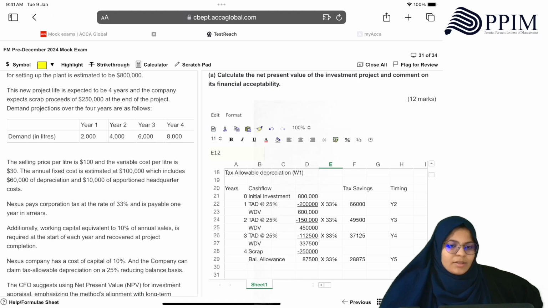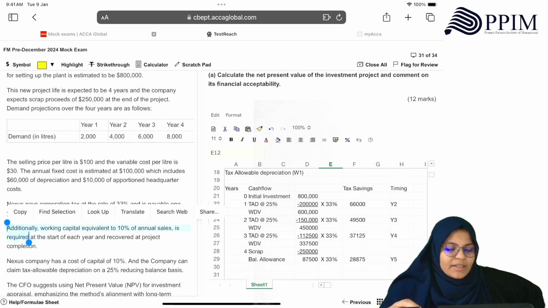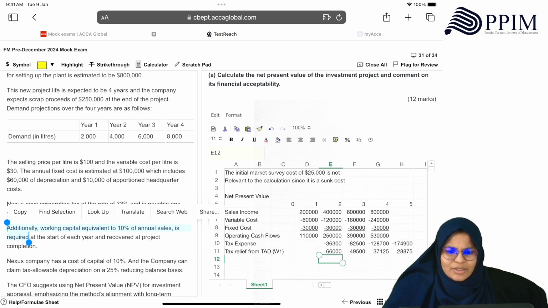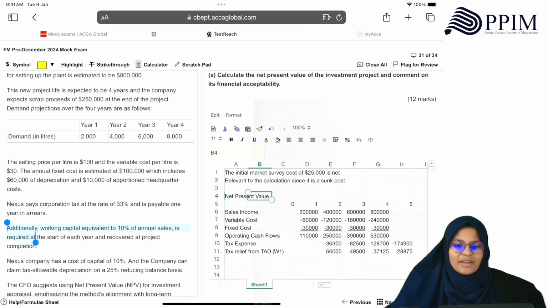Okay, so what are they talking about? Working capital. They're saying working capital equivalent to 10% of annual sales is required at the start of each year and recovered after the project is completed. Okay, so what was my annual sales? I actually put it here now, so I'll copy that. 10% of this figure I need it same as working capital.